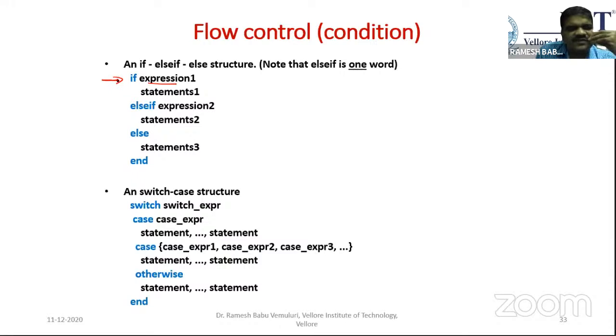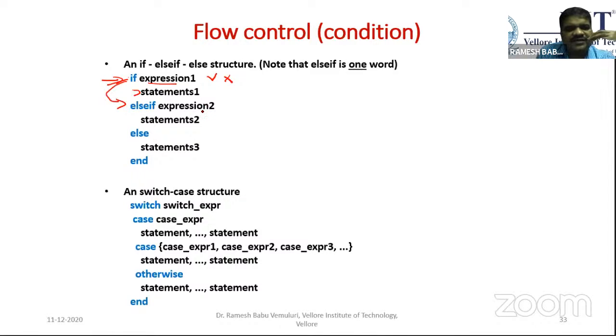First you can see here the expression. If this expression is true, then it will go and execute this statement. That means the true condition. Let us say the condition is false, then in this case it will go to the elif. Then it will check this condition.